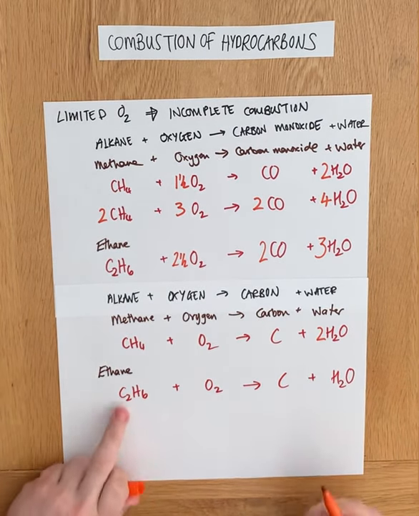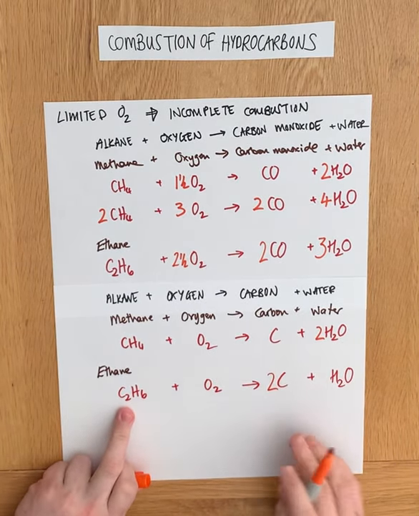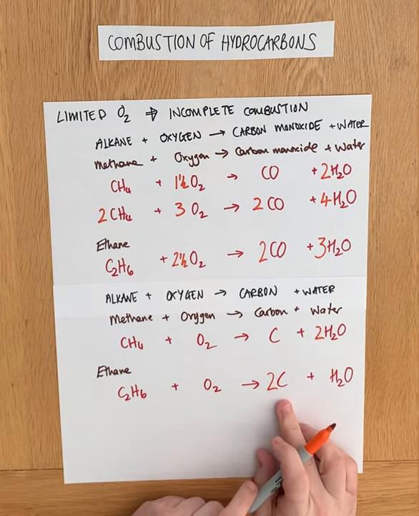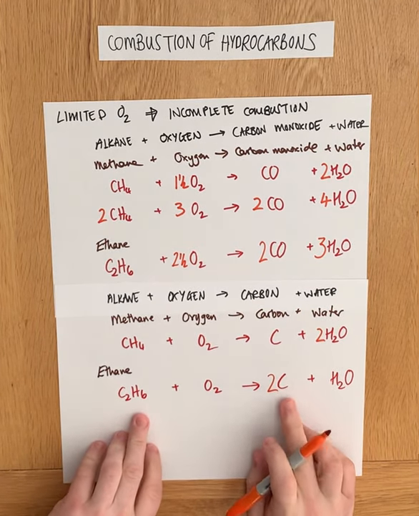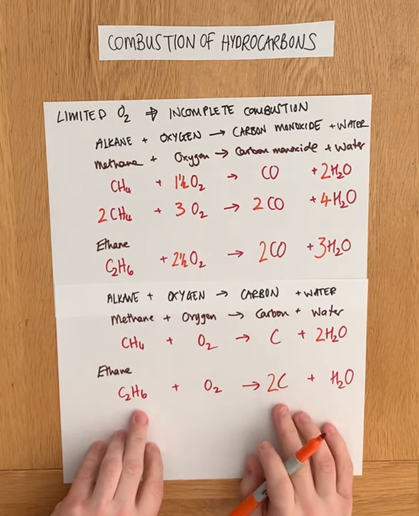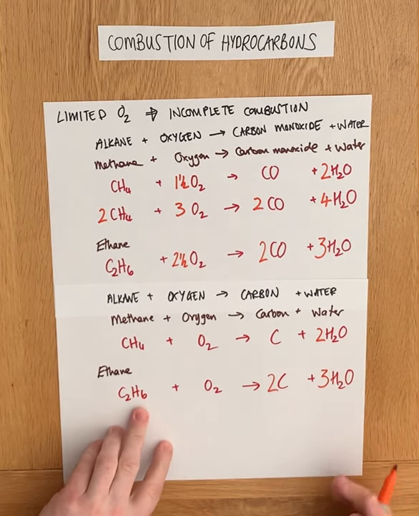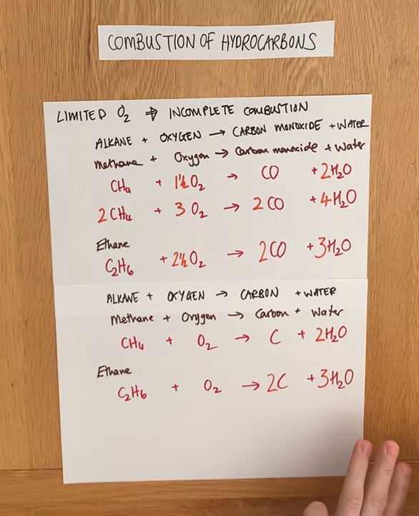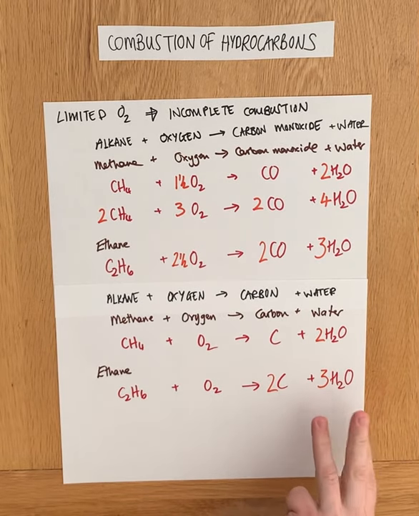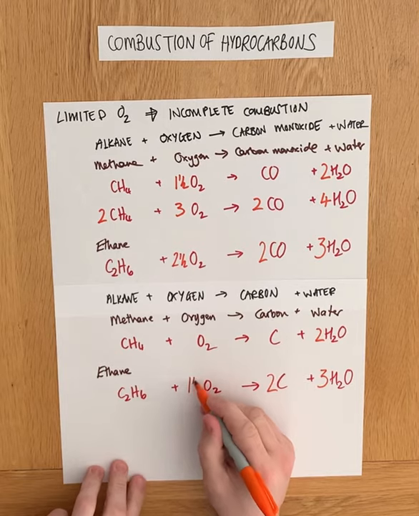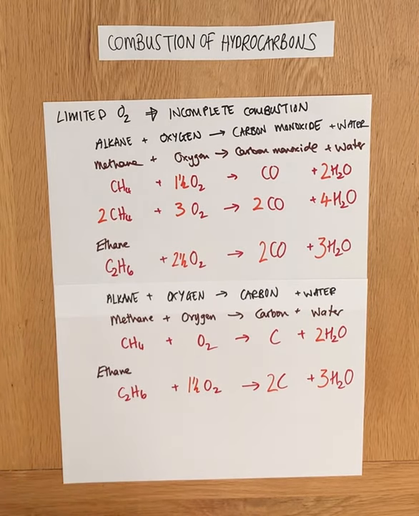Number of carbons in my hydrocarbon dictates the number of moles of carbon I produce. Number of hydrogen atoms in my hydrocarbon dictates the number of water molecules. I've got 3 oxygen atoms or 3 moles of oxygen atoms on my product side. Halve it. 1.5 O2s. You could double that as well if you wish.